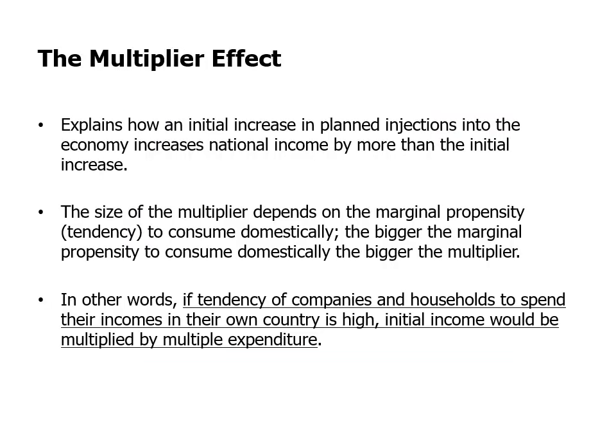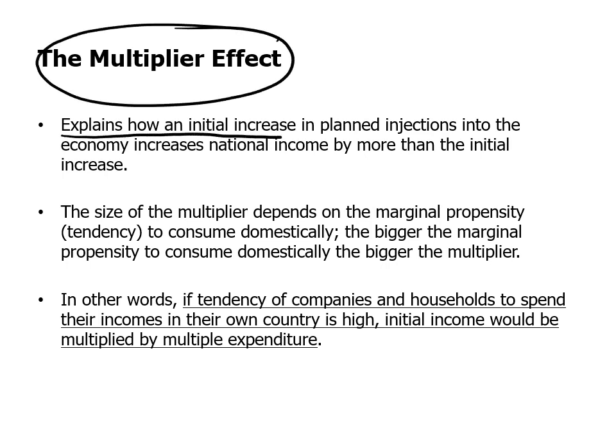So once again, I'll just explain what the multiplier effect is so we get that more intuitively. When we say the multiplier effect, we're explaining how an initial increase in planned injections into the economy increases national income by more than the initial increase.